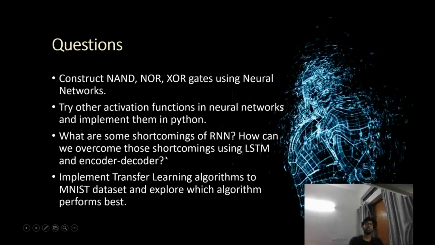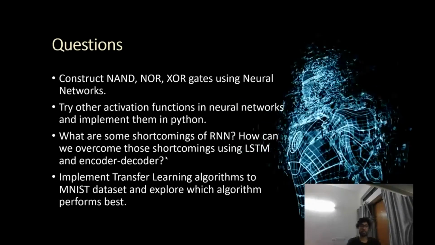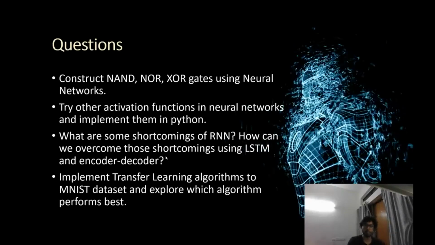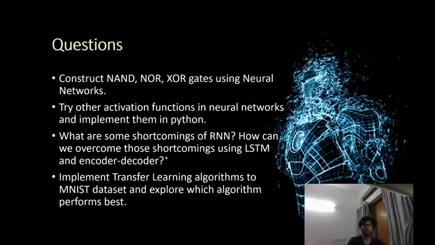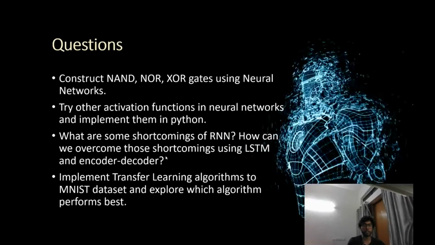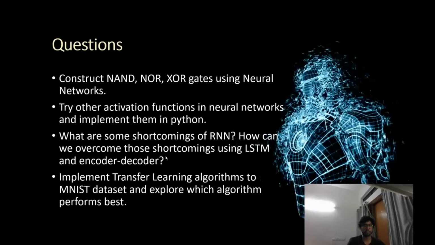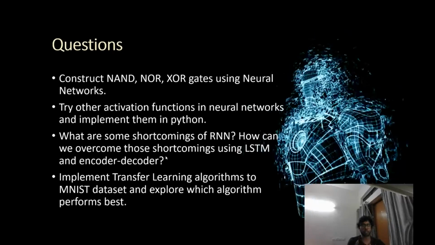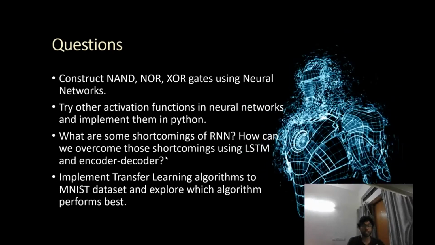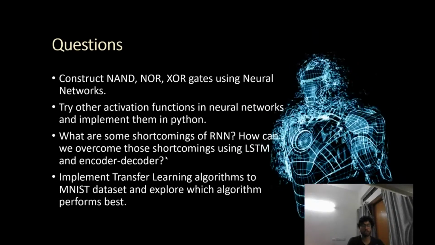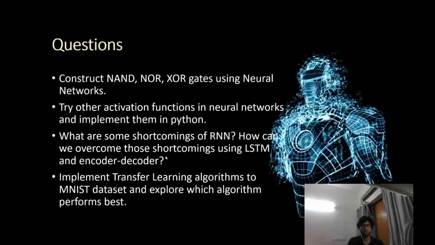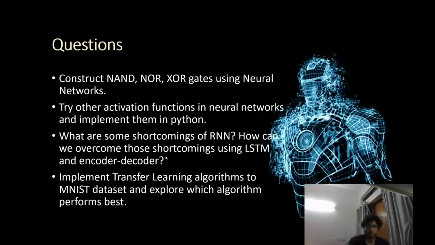LSTMs stands for long short-term memory models. So LSTMs form basic units of something called transformers. There is more to it, like word-to-vec encoding and so on, which are ultimately being used in large language models like ChatGPT and Copilot and so on, right? So this is a way to go into those.